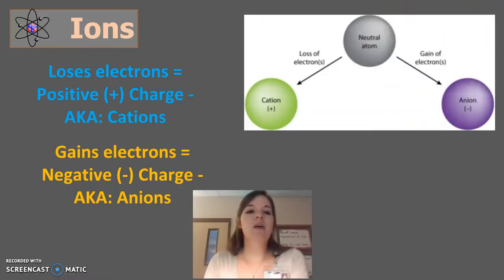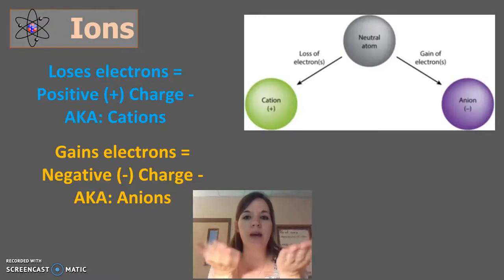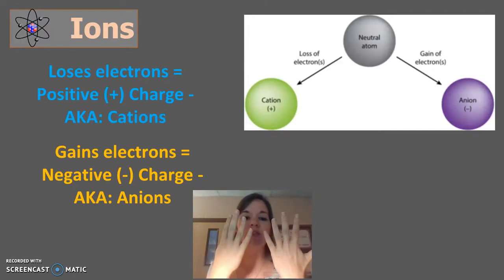So ions. There are two types of ions. Anytime an atom loses an electron, meaning if you have 5 positives and 5 negatives, but you take one away, 5 positives and only 4 negatives, your overall charge is actually a positive 1.